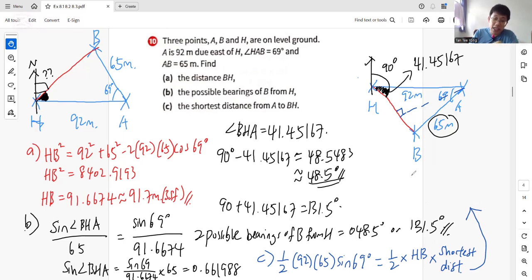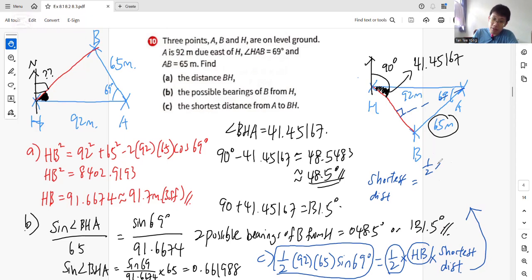To shorten the time, I didn't even calculate half times 92 times 65 sine 69. Basically, the shortest distance is this expression divided by half times HB, which is 91.6674. My shortest distance is equal to something like this.